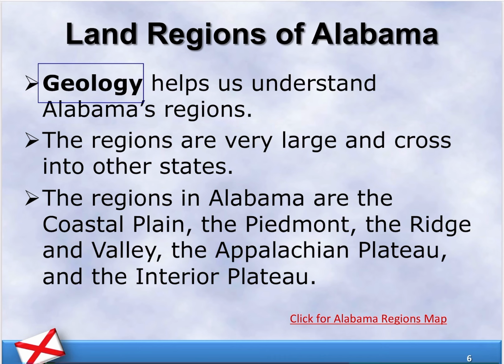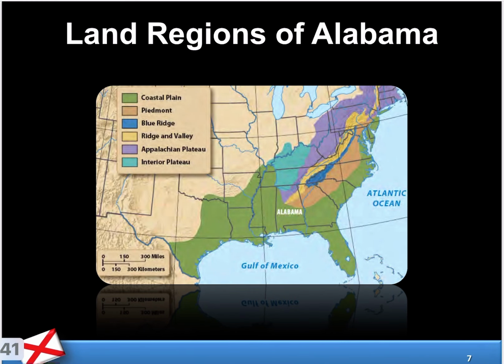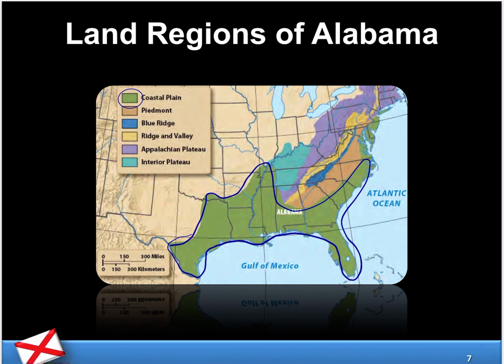The regions in Alabama are the Coastal Plain, the Piedmont, the Blue Ridge, the Ridge and Valley, the Appalachian Plateau, and the Interior Plateau. The land regions of Alabama. Here we go. We can see right here with the green part, that is the Coastal Plain.